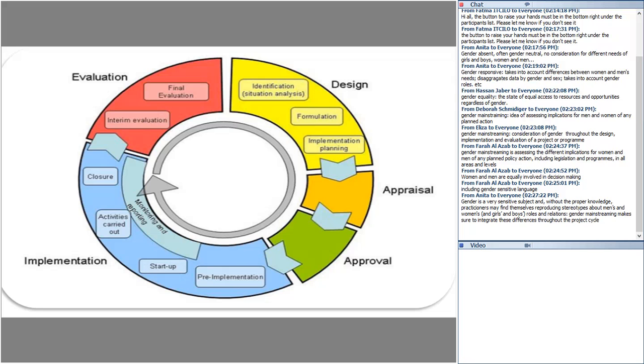So we're not talking about the other steps right now, just the first step. But the good news is, if you can get this step right, then the rest of the steps can build on a gender responsive analysis, and you're on the right way. So it's really the step to get right from the beginning.